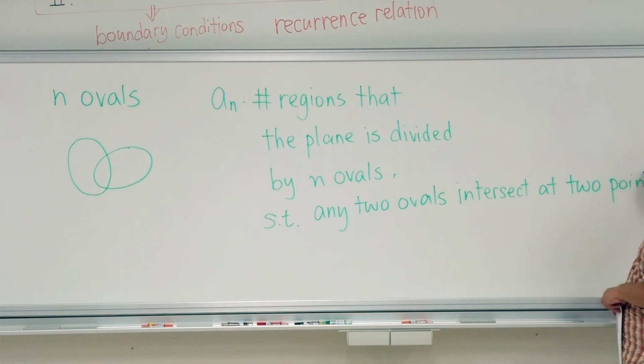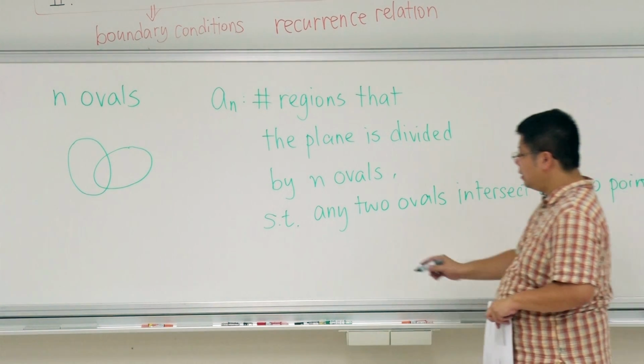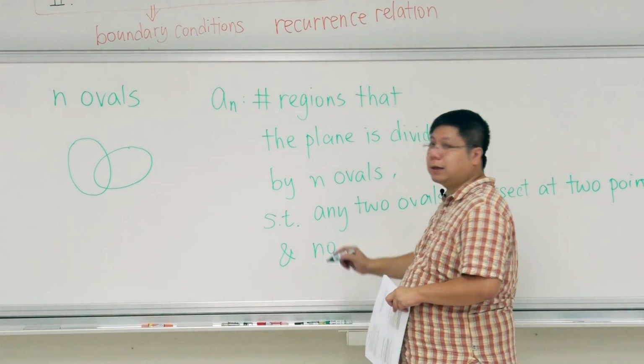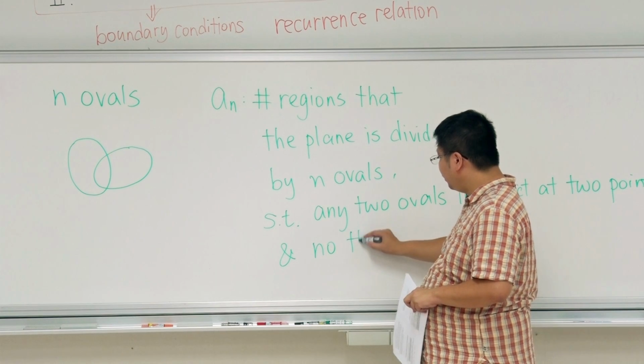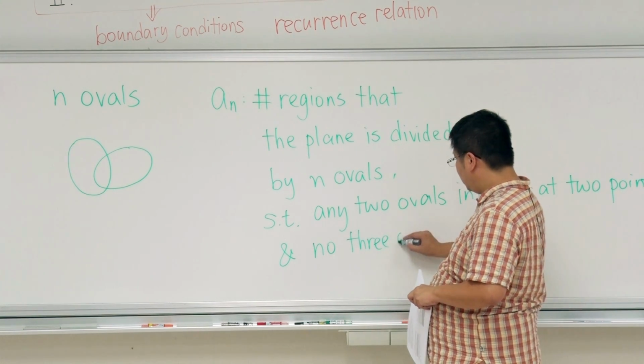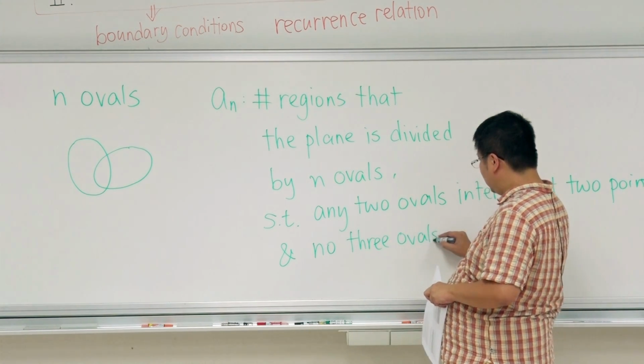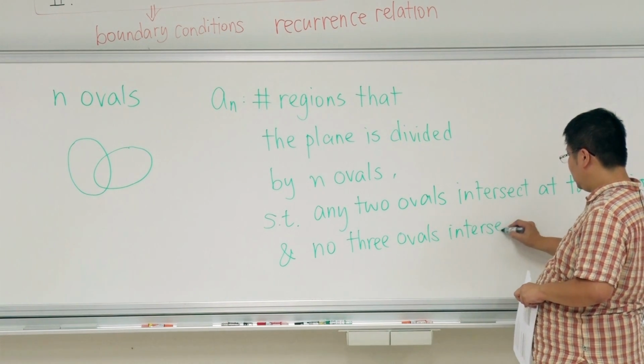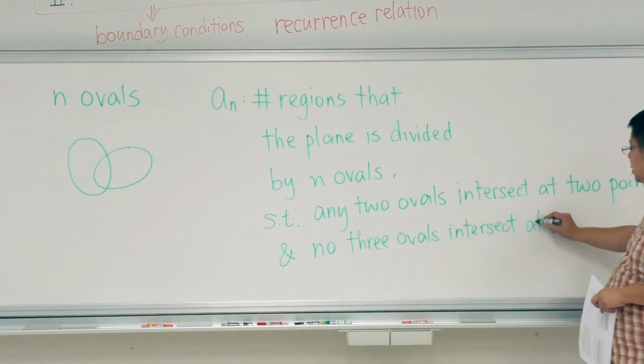So this is one condition, and the other is that no 3 ovals intersect at the same point.